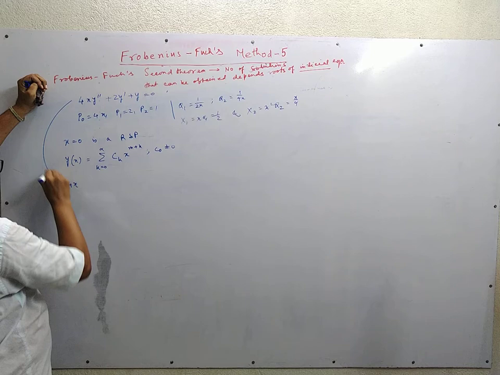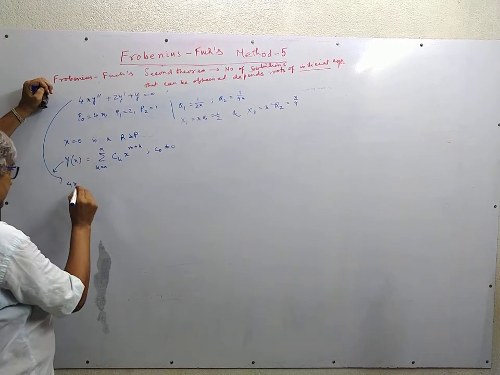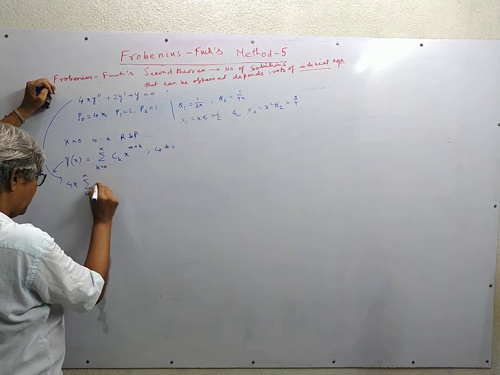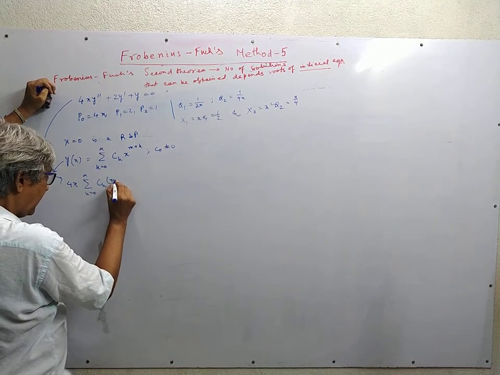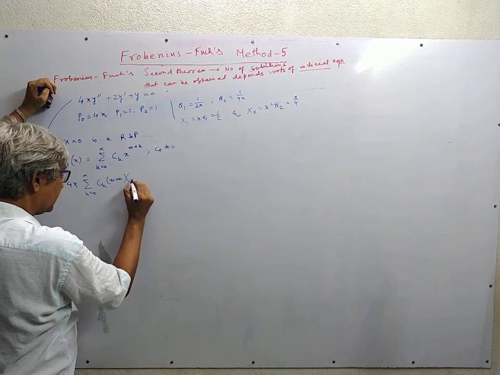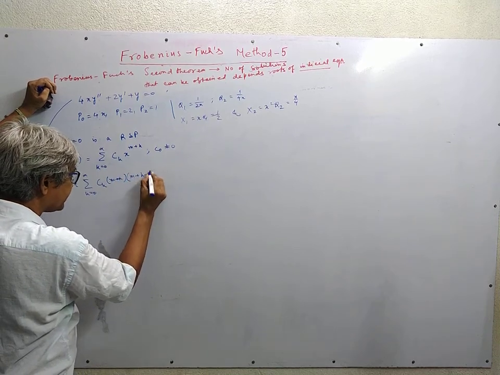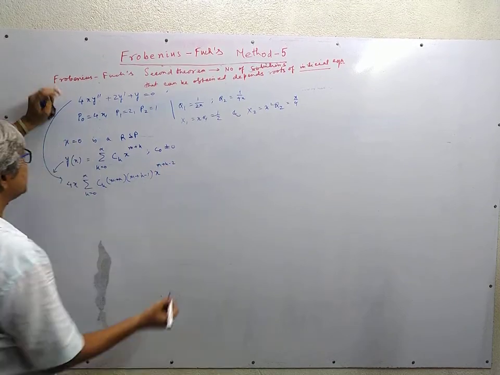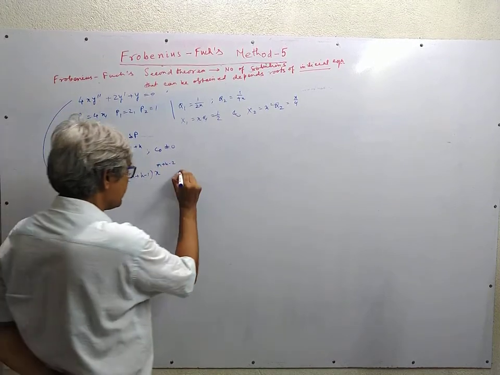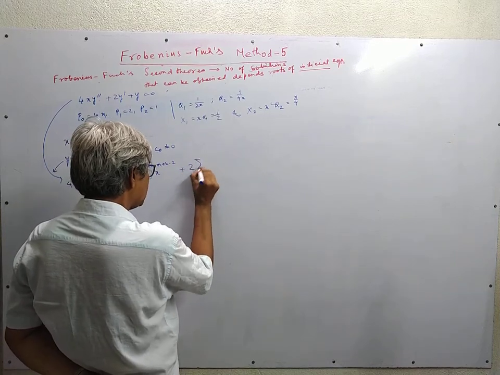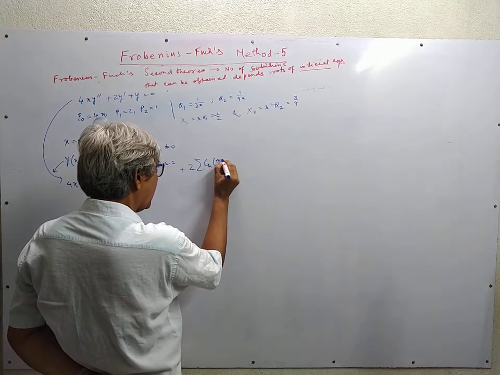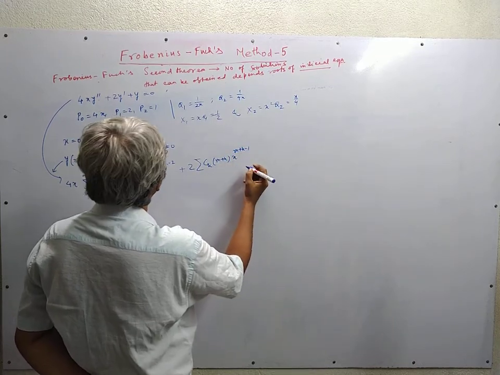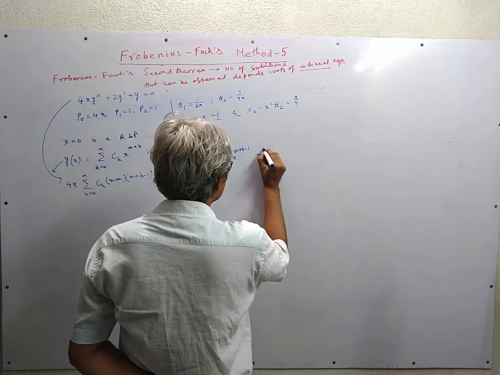We plug this into the differential equation: 4x summation over k ranging from 0 to infinity c_k times m plus k times m plus k minus 1 x to the power m plus k minus 2, then 2 c_k m plus k x to the power m plus k minus 1.